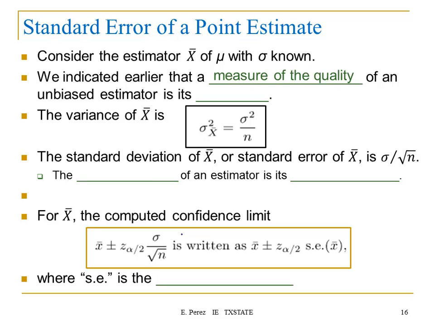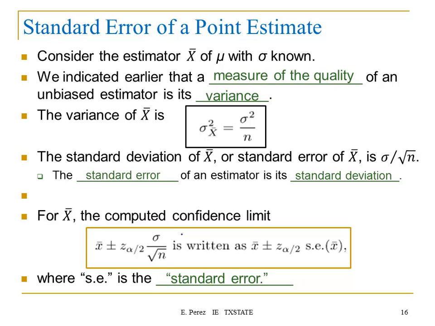In this case, it is the variance of the sample mean, which you know how to compute, which is sigma squared divided by n. So the standard deviation of x bar, or the standard error of x bar, is, I'm sorry, sigma divided by the square root of n. The standard error of an estimator is actually its standard deviation.